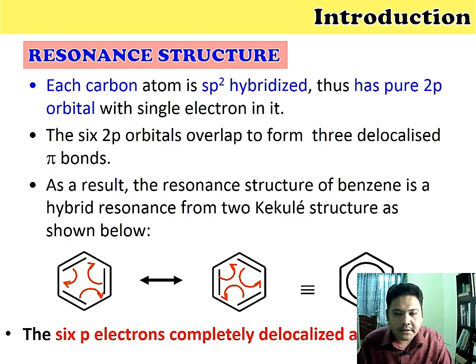And the last part is the resonance structure. Each carbon atom in benzene is sp2 hybridized, which is why benzene exists as a planar structure. These 6 2p orbitals overlap to form 3 delocalized pi bonds.